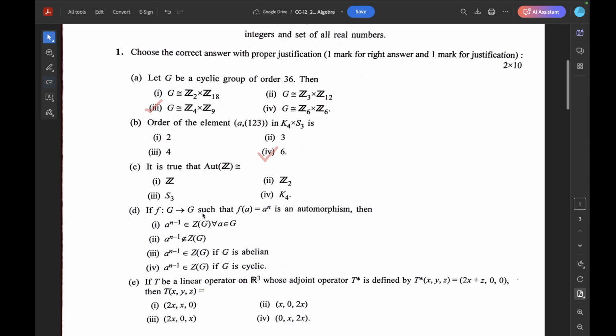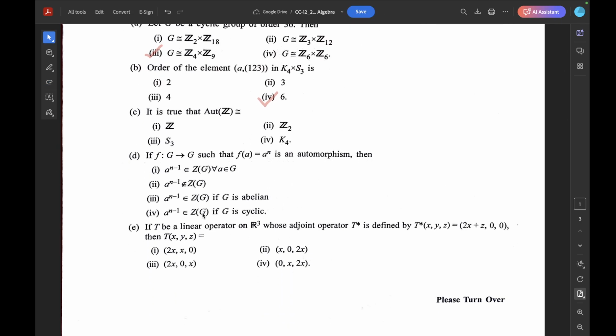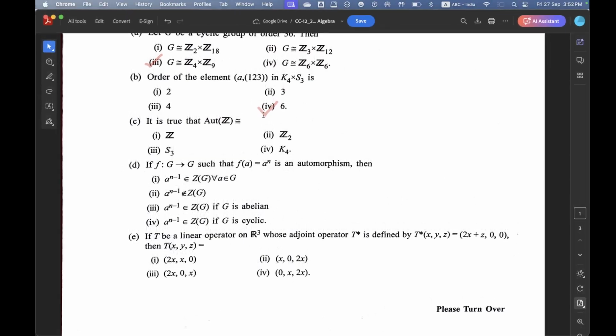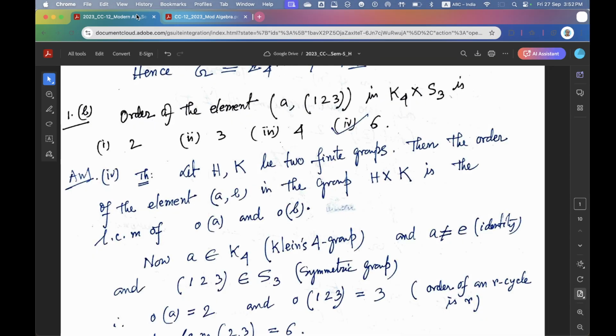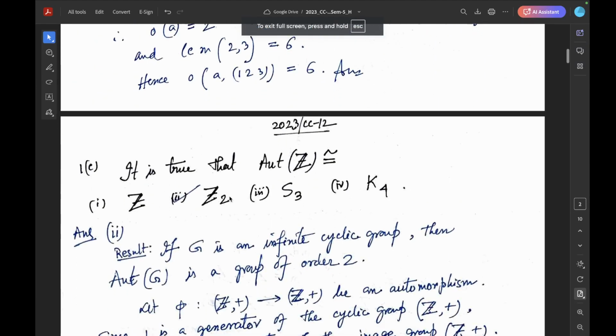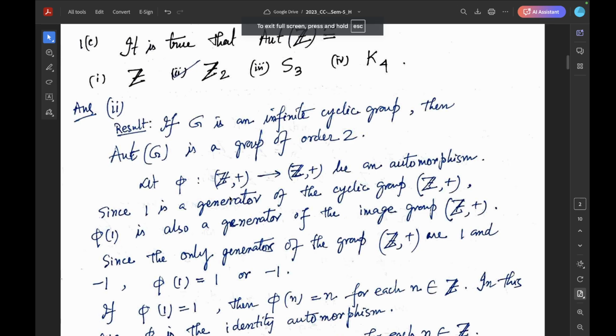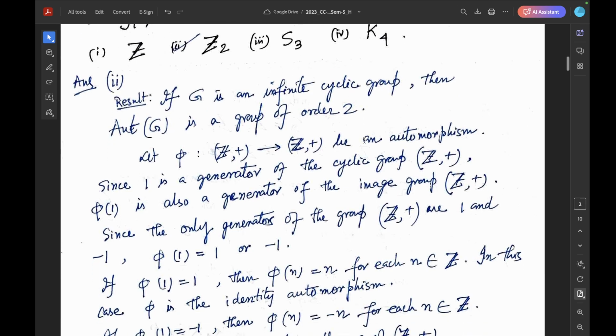Next question 1c. It is true that automorphism group of Z is isomorphic to what? Now we have the result: if G is an infinite cyclic group, then automorphism group of G is a group of order 2.